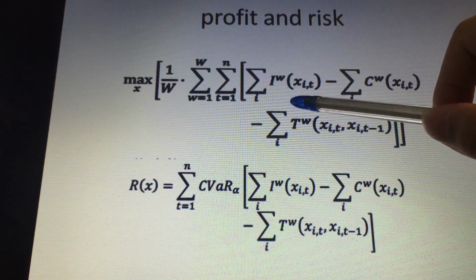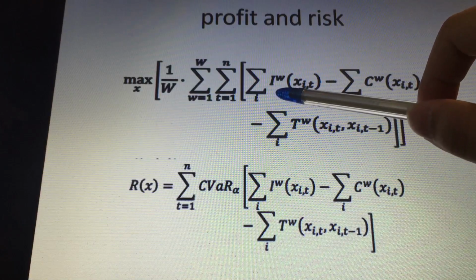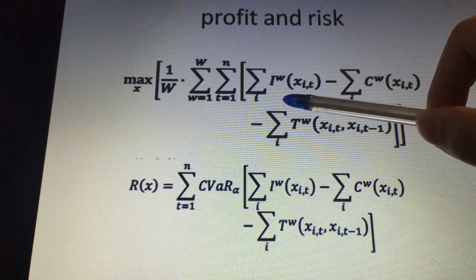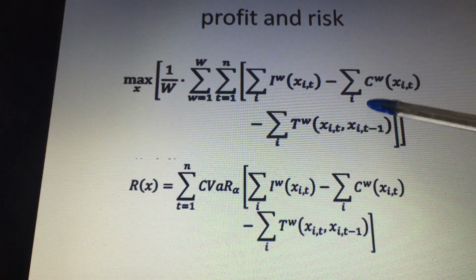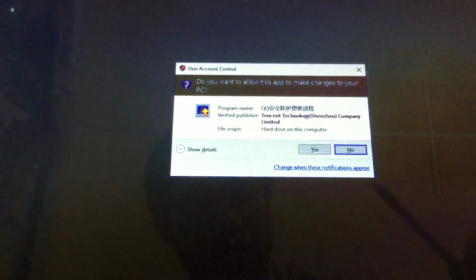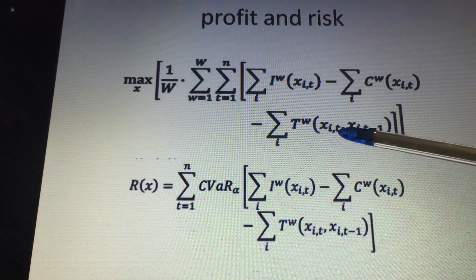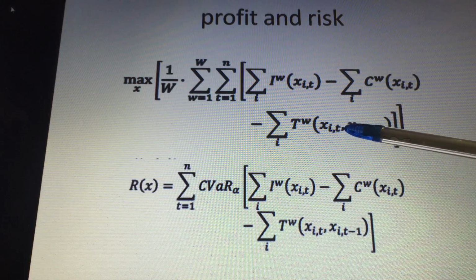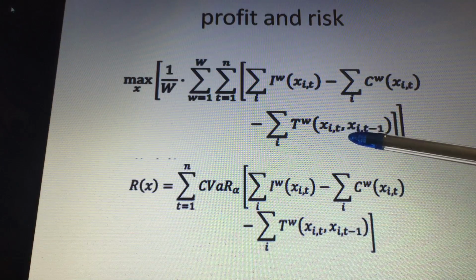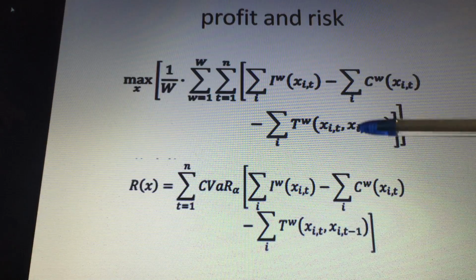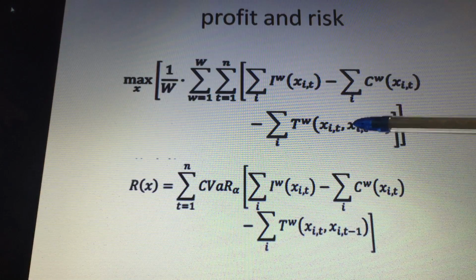This one is the income we get from selling the energy, and this one is the cost of the energy we need to spend. And the last one is the market transaction cost for all the energy we sell.